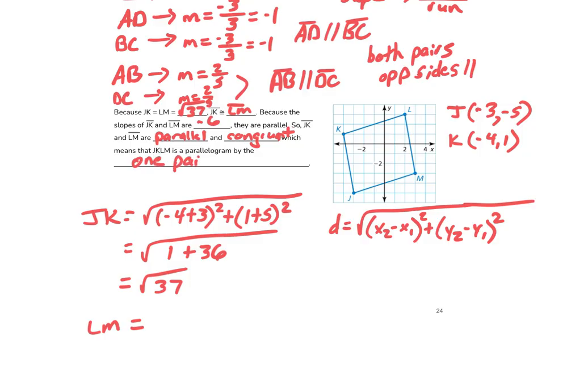One pair of opposite sides are congruent and parallel. Or the name of the theorem would be the opposite sides parallel and congruent theorem. You could do it either way. Big Ideas, I think, uses the actual name. So, okay, that's what we got.